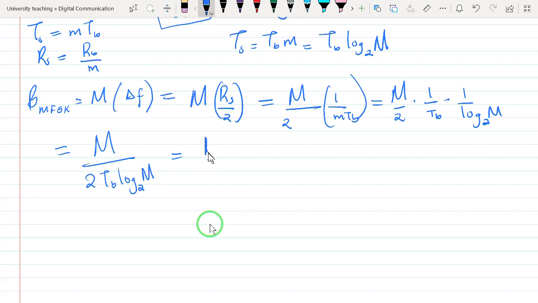Therefore, we are going to have capital M RB divided by 2 log to base 2 of M. So that is the bandwidth requirement of the MFSK modulation scheme.